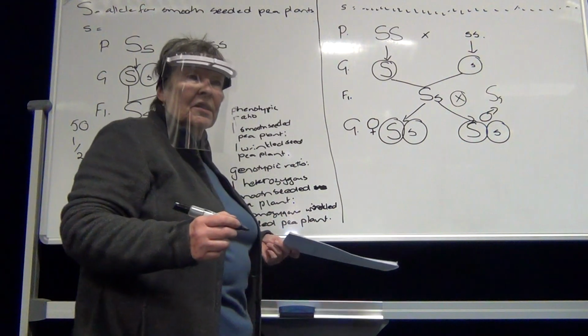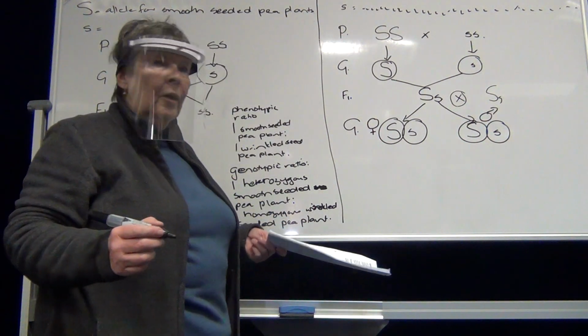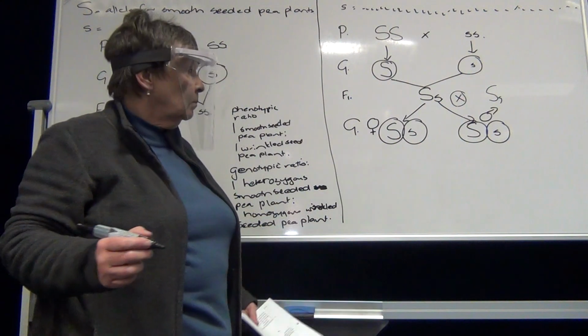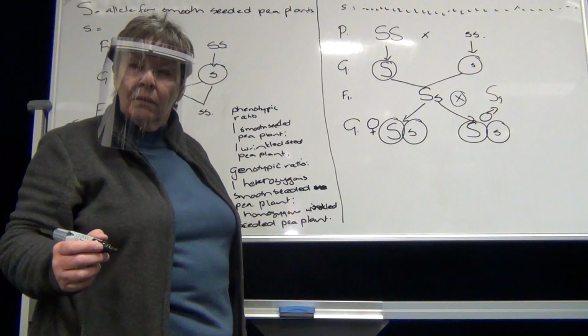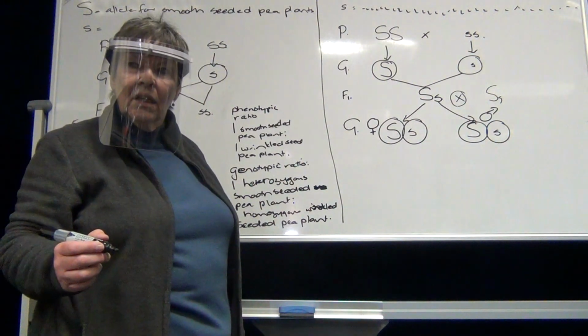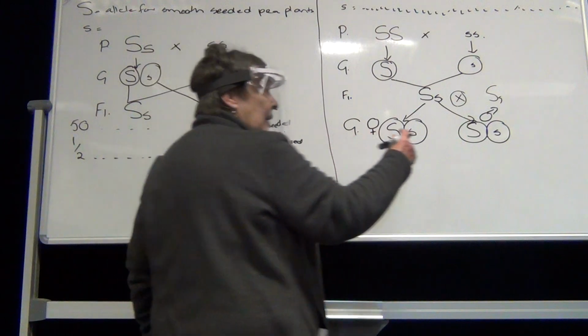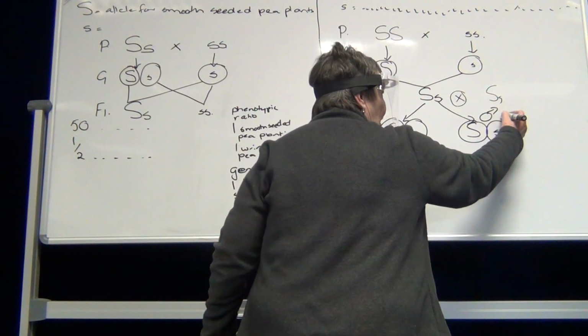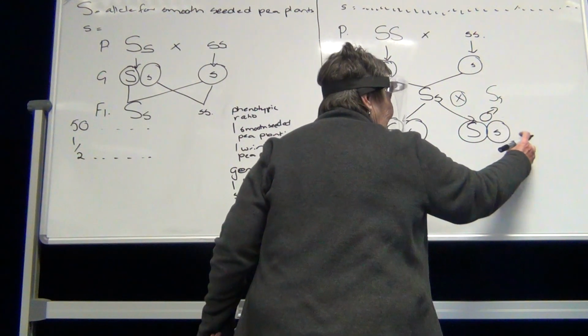Okay, you happy with that? Does that make sense, guys? So, you don't have to put F2 anywhere. I haven't got to the F2 yet. If you'd done it like this, then you would just have put the arrow straight down here and put the big S, little s there.